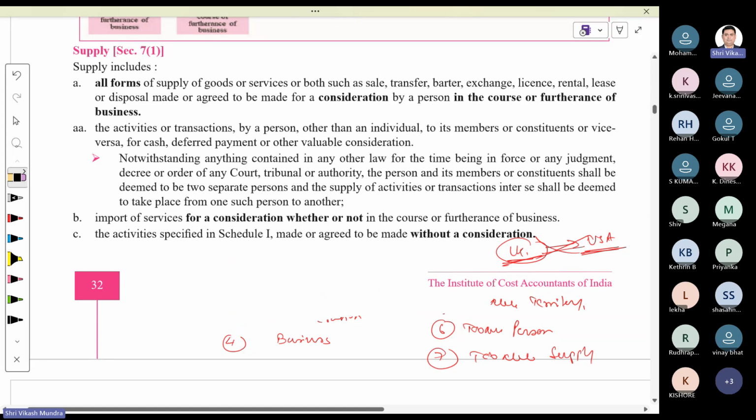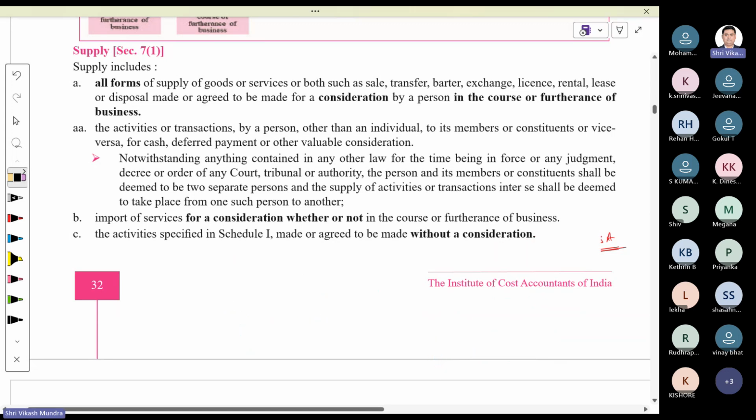However, there are a few exceptions we need to understand. Generally, when we are using the word supply, what do you mean by supply? At least two persons are involved. One is the seller, we can use the word supplier. Whenever we are using the word supplier, we understand there should be two persons involved, and another one is the recipient.